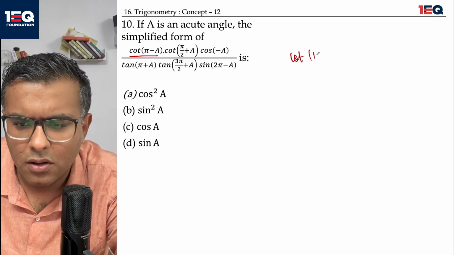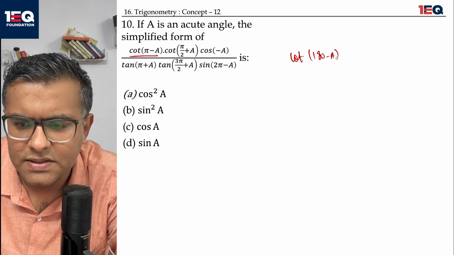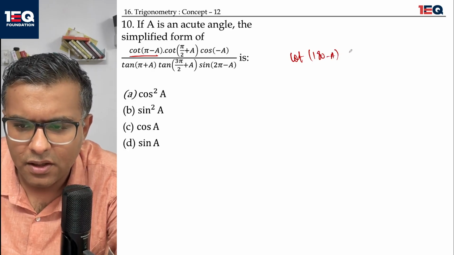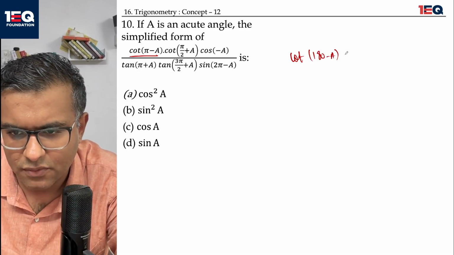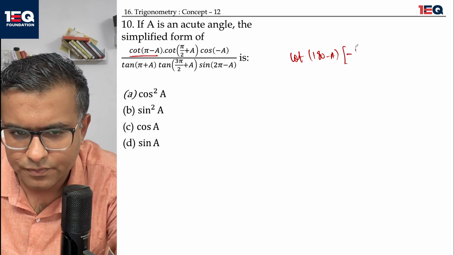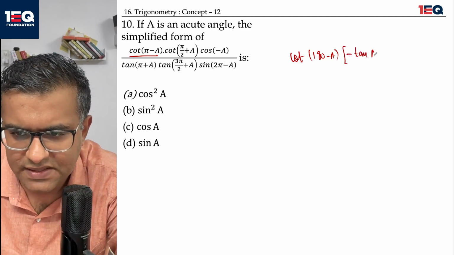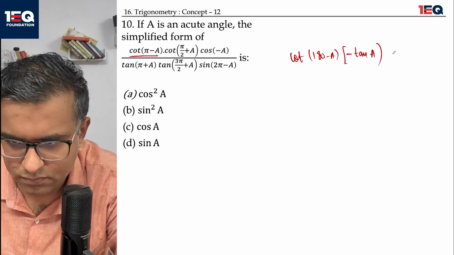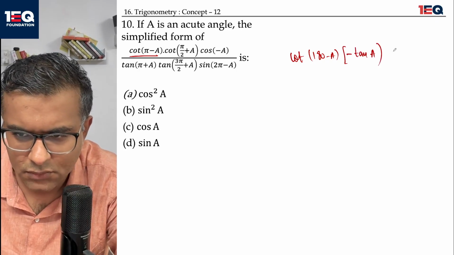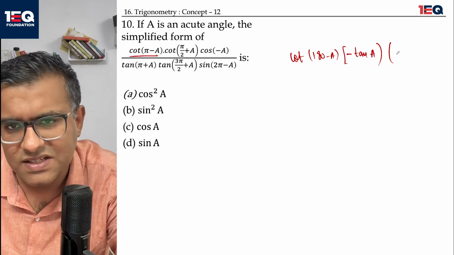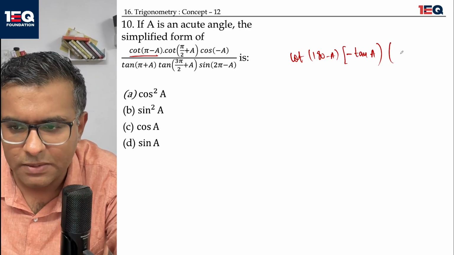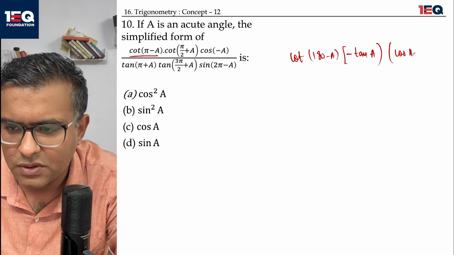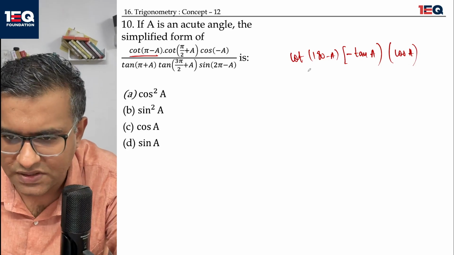Cot 180 minus A multiplied by cot 90 plus A. This would change into minus tan A multiplied by cos minus A. Cos minus A is cos A because it's talking about the fourth quadrant. This would convert itself into plus cos A.